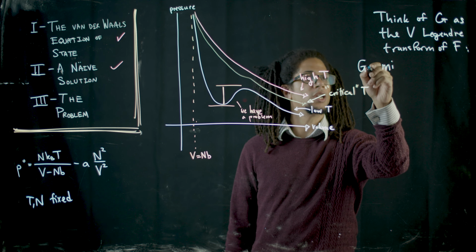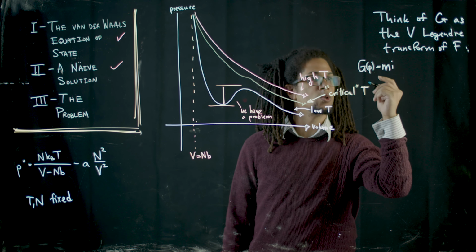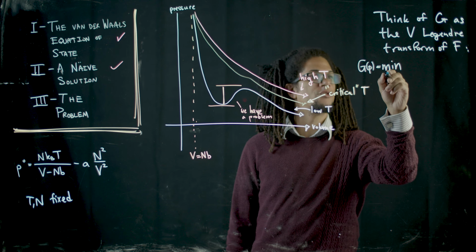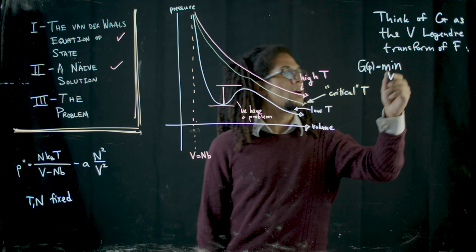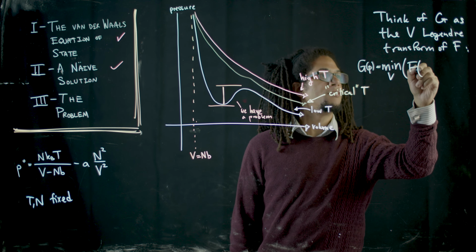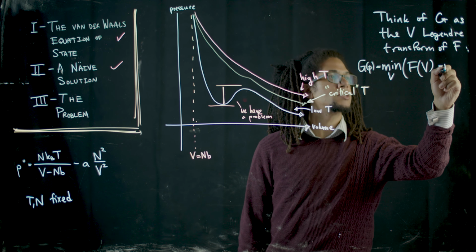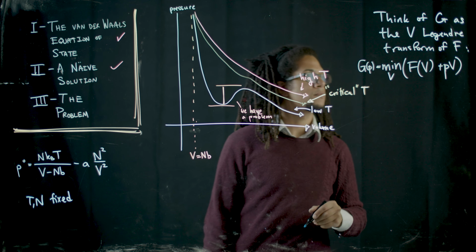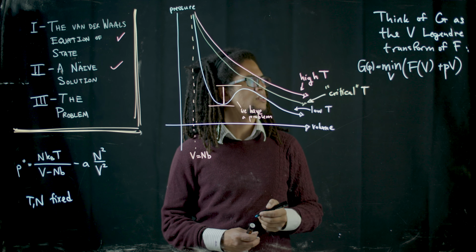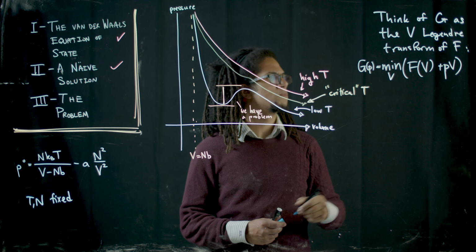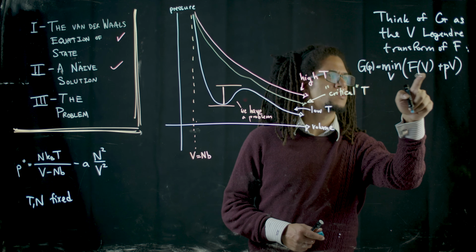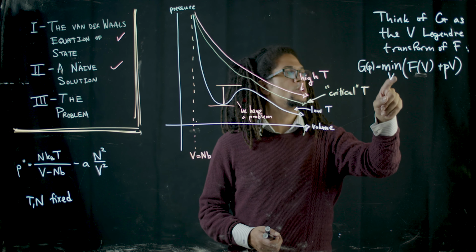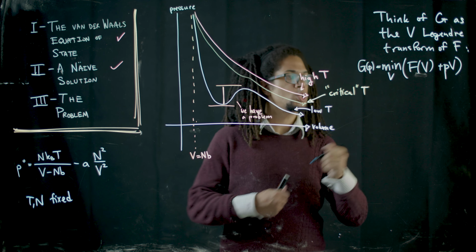So again, G of P is equal to the minimum over V of F of V plus PV. And yeah, everything matches. Good. But this might not be unique, so there might not be one solution.